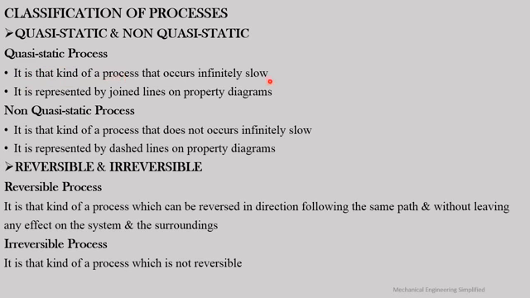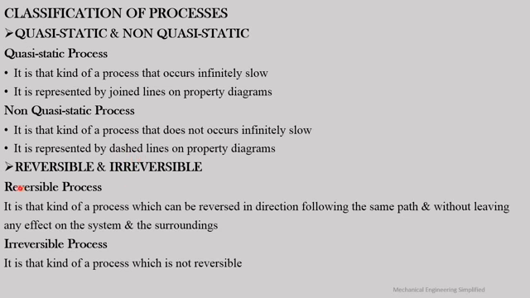Any process occurring infinitely slowly is known as a quasi-static process, and it is represented by solid lines on the property diagrams. Then a non-quasi-static process is that kind of process that does not occur infinitely slowly, and it is represented by dashed lines on the property diagrams.